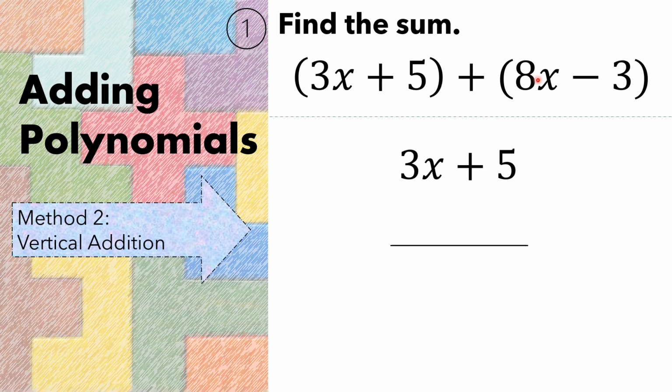Let's start with 8x, align it with 3x, put it under 3x, and then minus 3 goes under 5. And then simplify. 3x plus 8x is 11x, and then 5 plus negative 3 is positive 2.